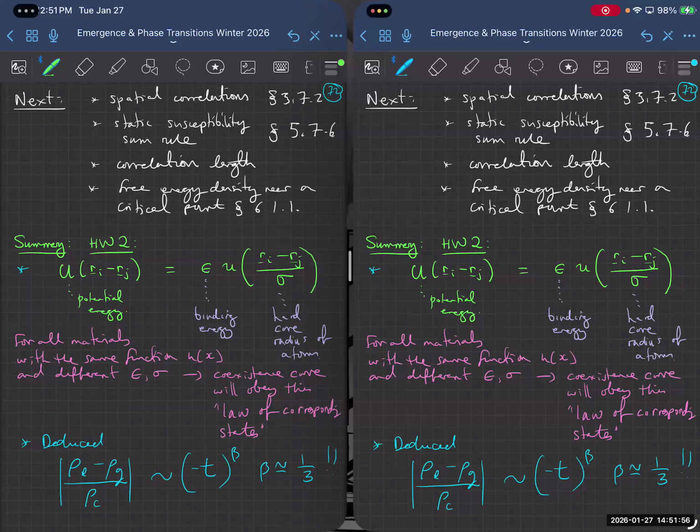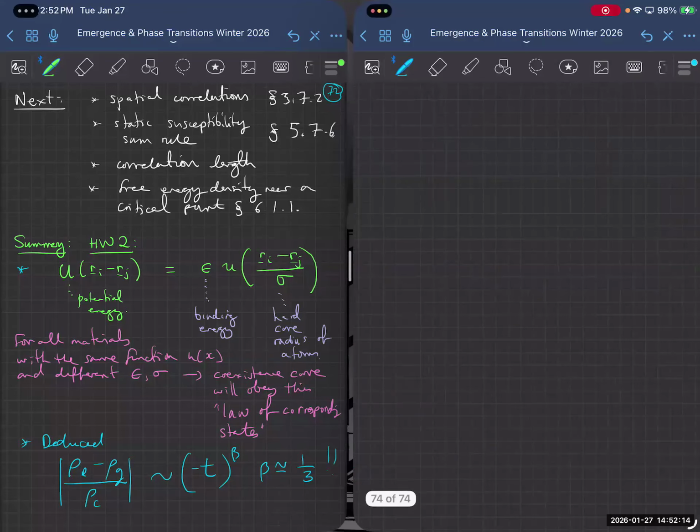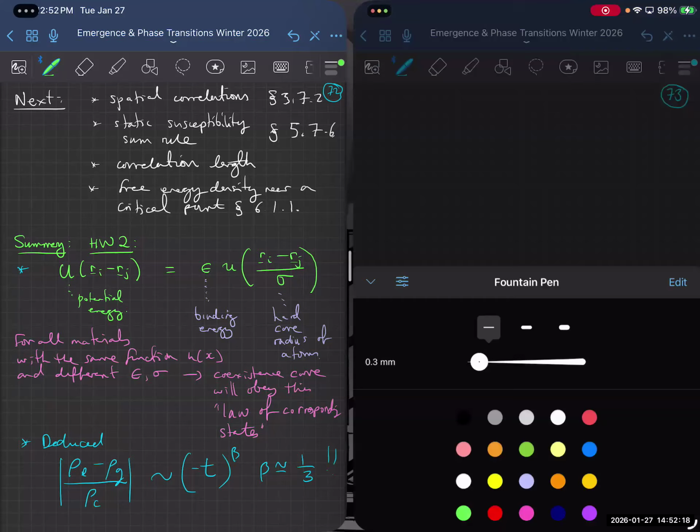Then we're going to talk about the behavior of the correlation length, and deduce what it behaves like near a critical point because of the way the susceptibility diverges. In the list here, I've listed the sections in my book and my notes where that material is presented. All right, so let's get started with that.